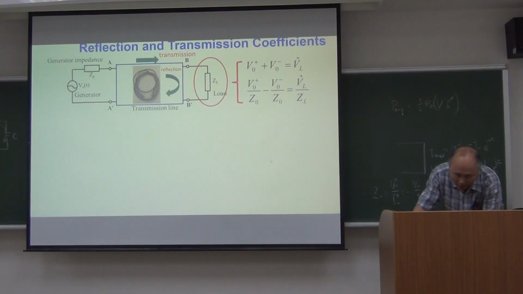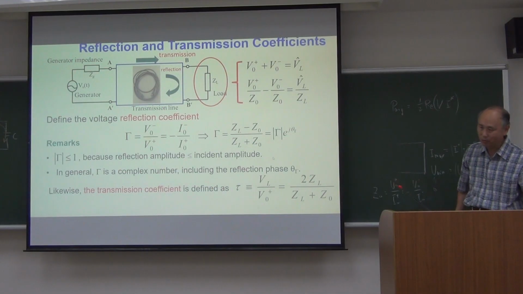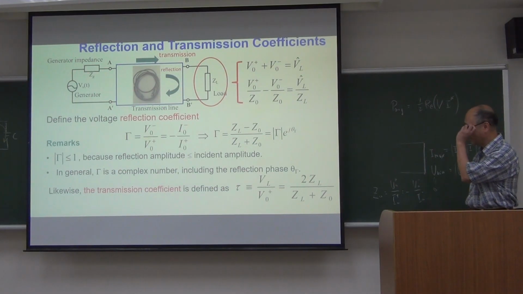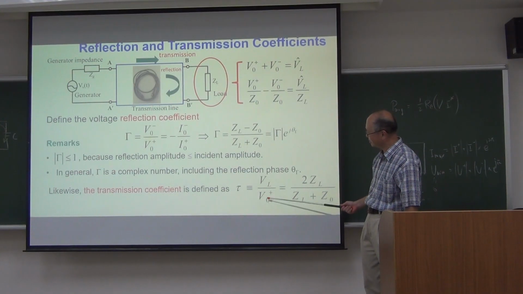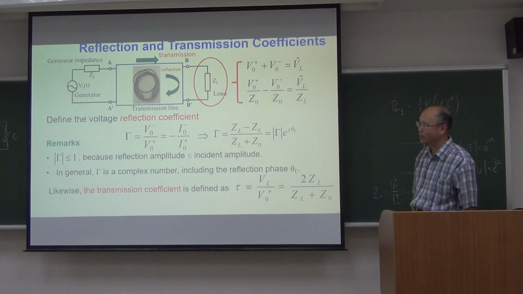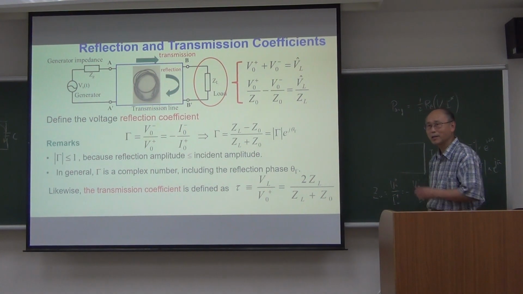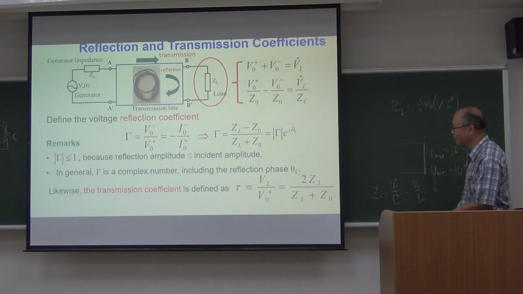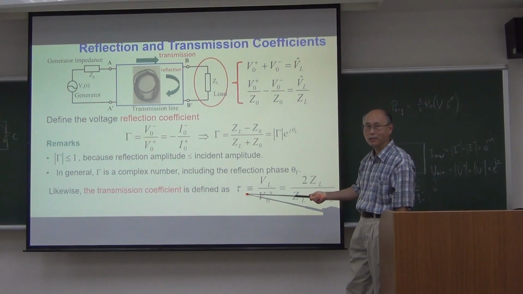Okay, we can calculate the reflection coefficient. At the same time, we can also calculate the transmission coefficient. The transmission coefficient is the voltage reaching the load divided by the incident voltage. Sometimes we don't do a specific calculation for this, unless we want to know the power transferred to the load.